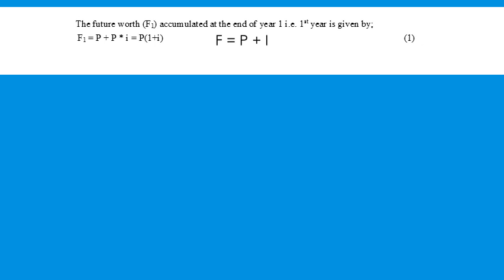F is equal to P plus I, capital I. I is given by P into n into i. Since n is 1 here, since this is the first year, I becomes P into i. So we take it as P plus P into i. Only these two terms will remain. So this is how it has been derived.